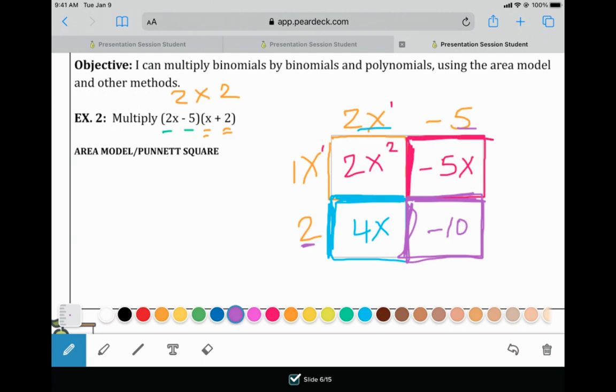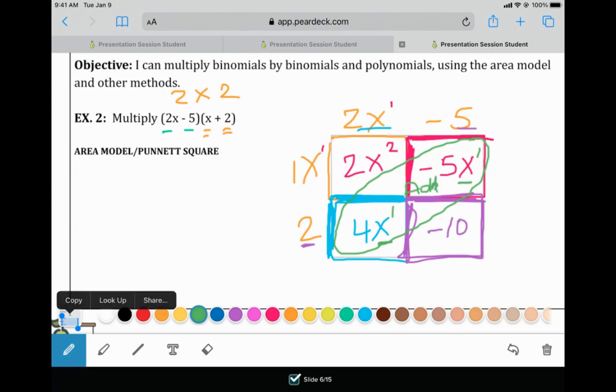Okay. So in here, one thing that you look at, you have these two that have the same exponent. So this is the one that we're going to call combine like terms. So we're going to add them. We're not multiplying anymore, okay? We already multiplied in the box. Once we got the number in the box, we don't multiply anymore, but we add like terms.